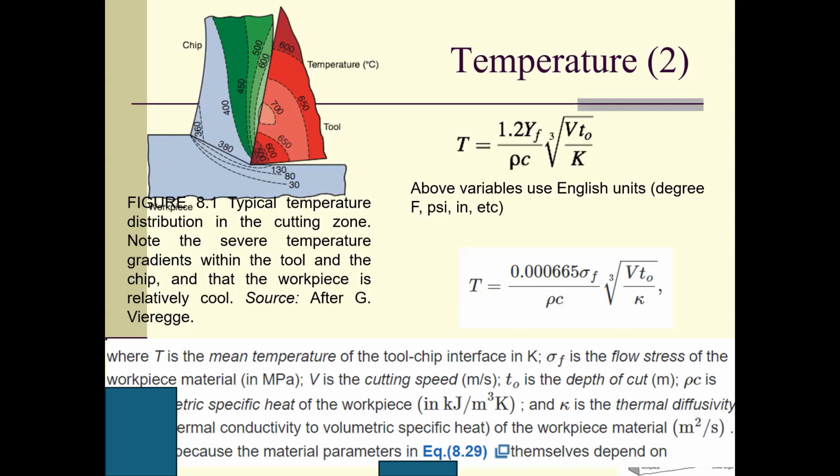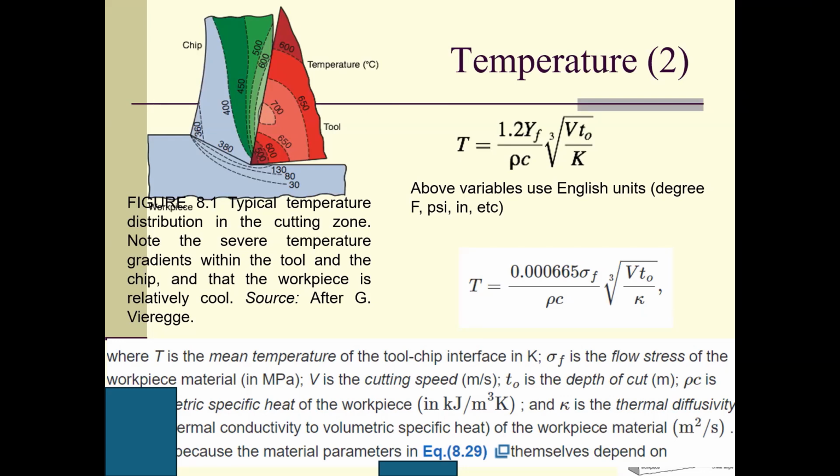I'm sorry, this should be kappa, but they use K here. So this one and this one have the same physical meaning, also called thermal diffusivity. And this is rho C; they have their own units but the same physical meaning.